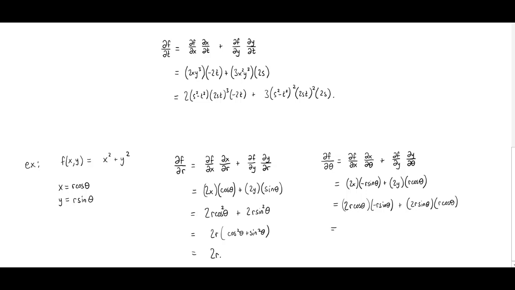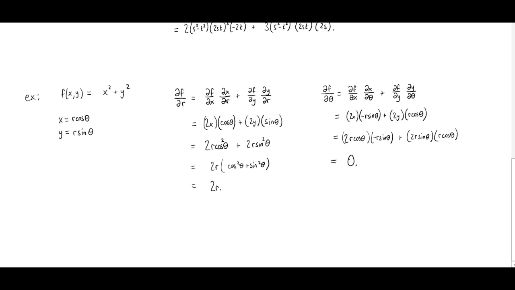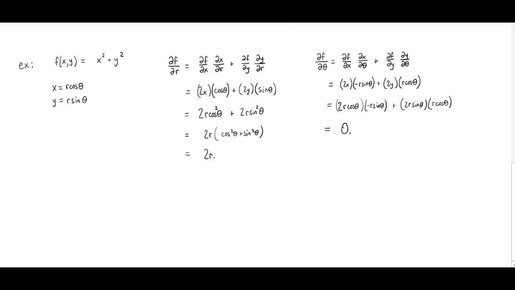Okay, so what happens if we add all that up? Cancels, all right. So the answer would be 0, okay? All right, now this is a good example to actually check that our answers are correct, all right?